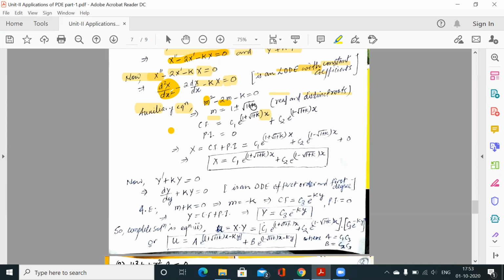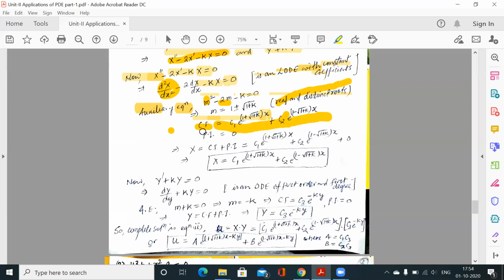So 1 plus k is a real number, and the square root of it is again a positive root. So 1 plus the square root of this and 1 minus the square root of this. These are two real and distinct roots. In that case, how to write the CF? CF is c1 e to the power m1 x plus c2 e to the power m2 x, where m1 is 1 plus square root of 1 plus k, and m2 is 1 minus square root of 1 plus k.